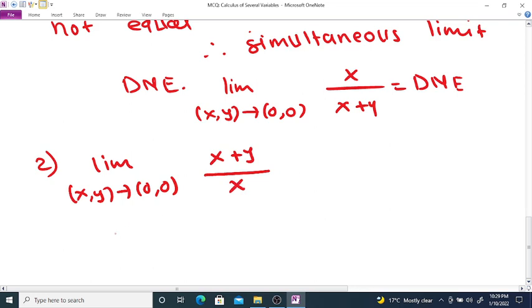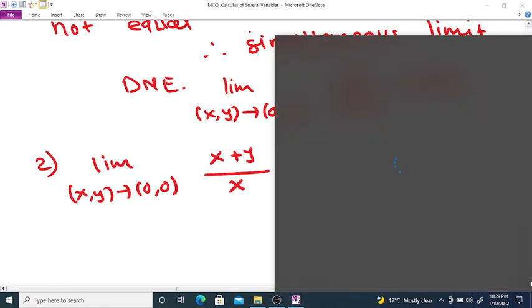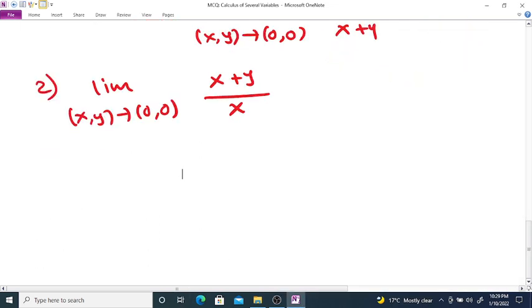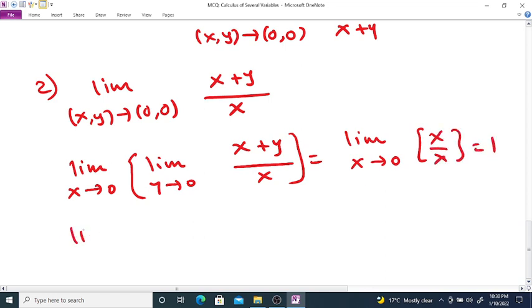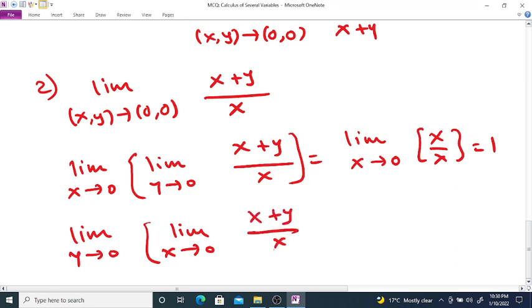The first repeated limit, x tends to 0, limit y tends to 0 of x plus y divided by x, is limit x tends to 0 of x divided by x, which is equal to 1. Now the second repeated limit, y tends to 0, limit x tends to 0 of x plus y divided by x, does not exist.